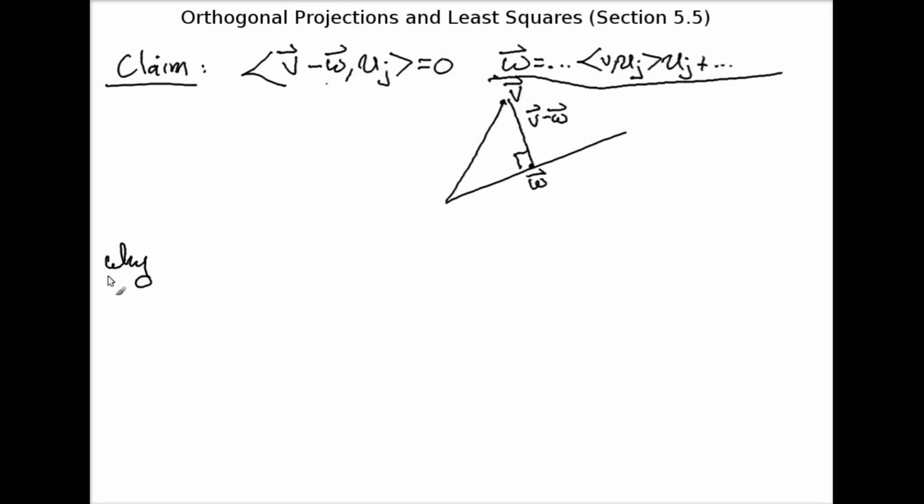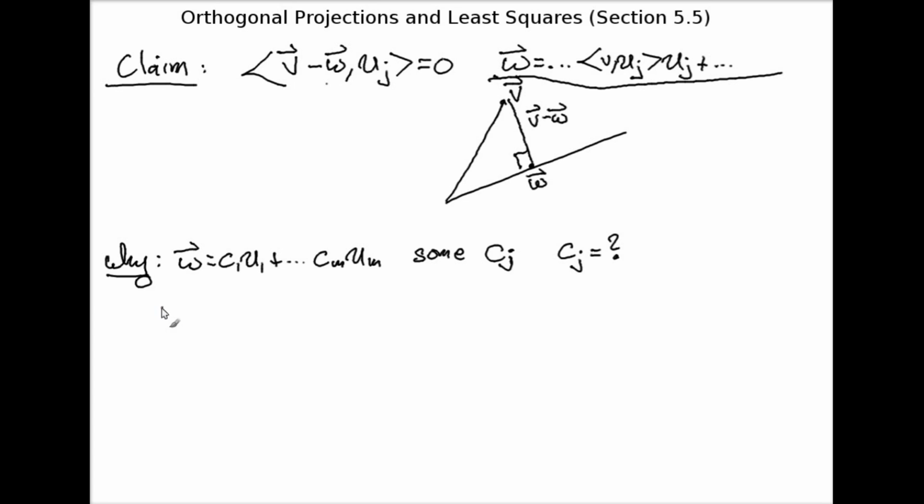Why is that true? Well, suppose you didn't know that. It's actually sort of easier to think of it this way. We know that W is some c1 u1 plus dot dot dot cm um for some ci's, for some cj's, I'm calling them. What is cj?